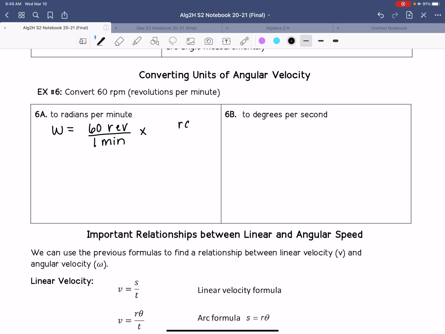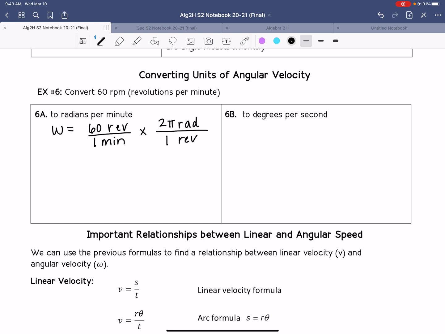What is 1 revolution? 1 time around a circle is a distance of 2 pi. So there's 2 pi radians in 1 revolution.